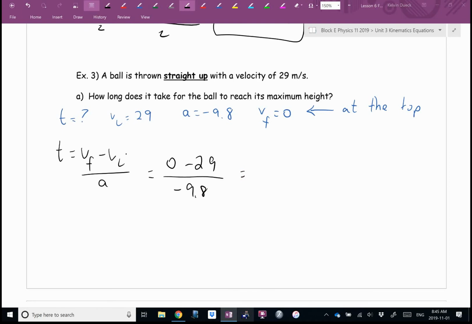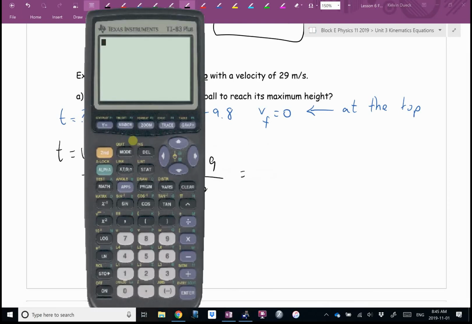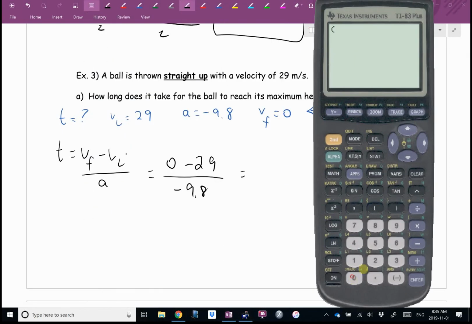It's a negative divided by a negative. Brackets around the top. You get 2.9591. I'm going to write 2.96 seconds, but I'm going to store this on my calculator.